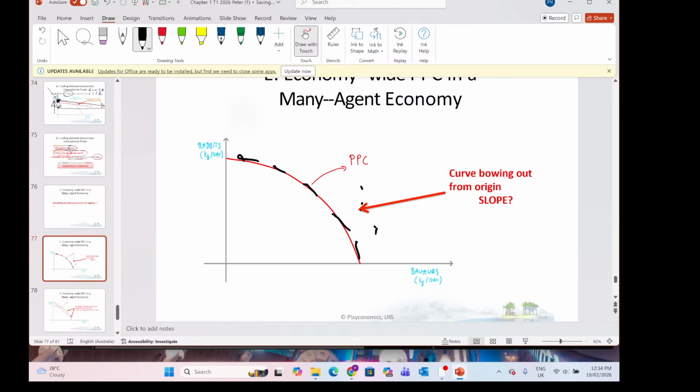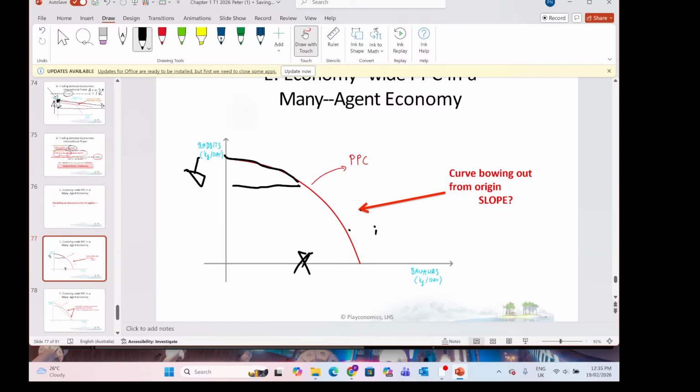So the people that are over to the left-hand side of the curve, right, the people over here, they generally have a lower opportunity cost for producing bananas. Why do they have a lower opportunity cost? Because you can see that we get a fair few bananas, and we don't give up many rabbits.